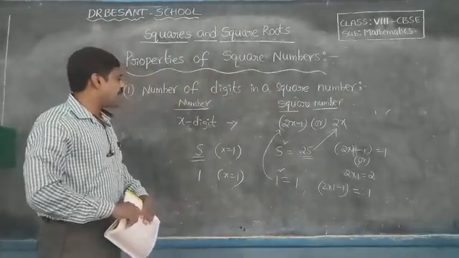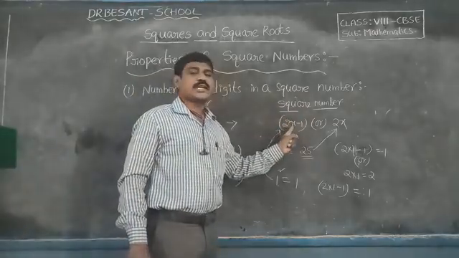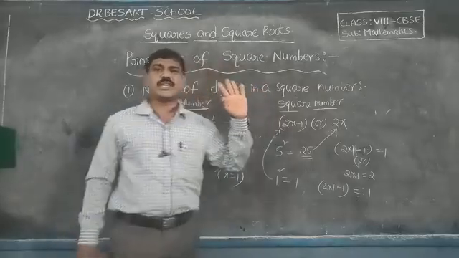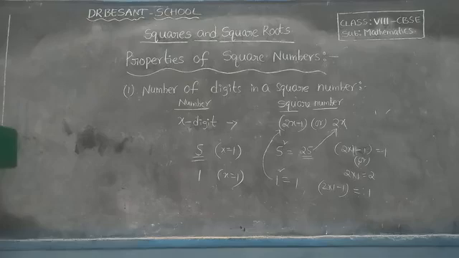So if a number having x digits, then its square number having either 2x minus 1 digits or 2x digits. Okay, children, so this is the first one, the properties of square number, first rule. Okay. Next, second.